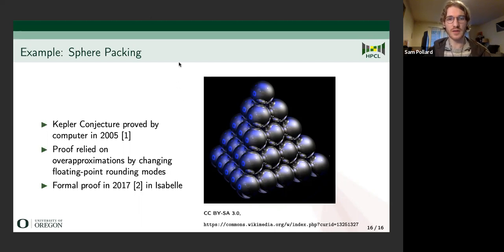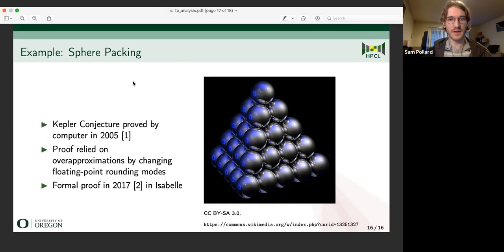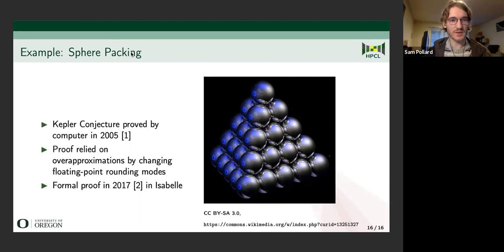Let me do my fancy little annotation again. Oh, can I do shapes? Oh, I can. This is great. If we have a 4-sided pyramid, intuitively we think something like this, and we have all this empty space in between.